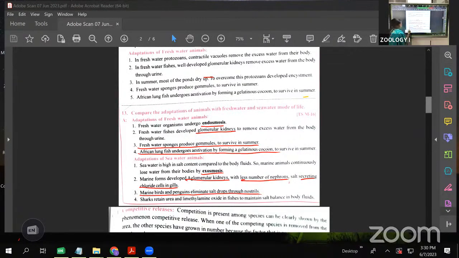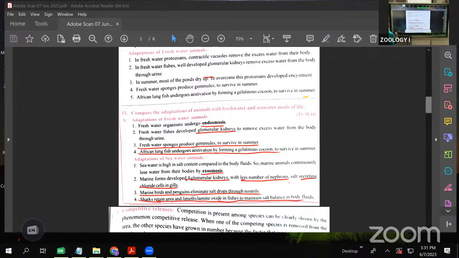Next, the sharks. One more special point is given here. Sharks retain urea and trimethylamine oxide. Instead of fishes here, they gave sharks. The fishes maintain the salt balance. This one is about the comparison between the fresh water and the marine water.